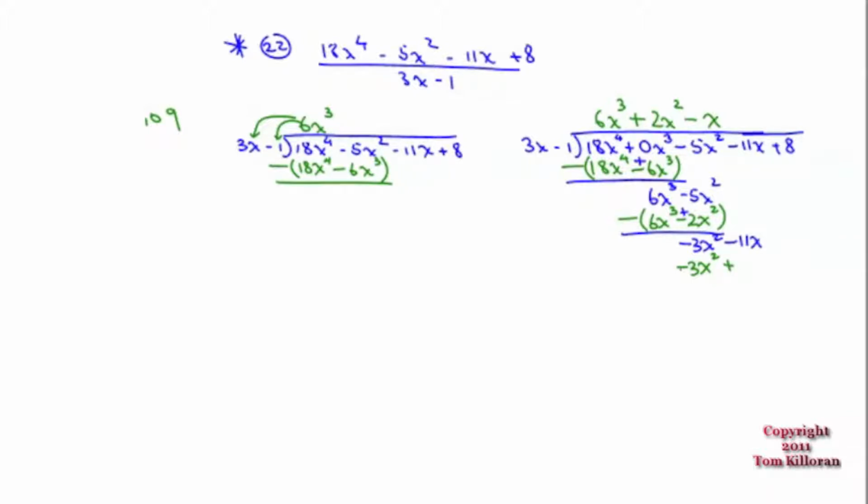A positive x. And then we're going to subtract it. So here comes that option where we have to change the sign again. So instead of a positive x, we're really going to change it to a negative x. So the 3x squares are going to cancel. Negative 11x minus another x is negative 12x. And bring down the next number. Plus 8.